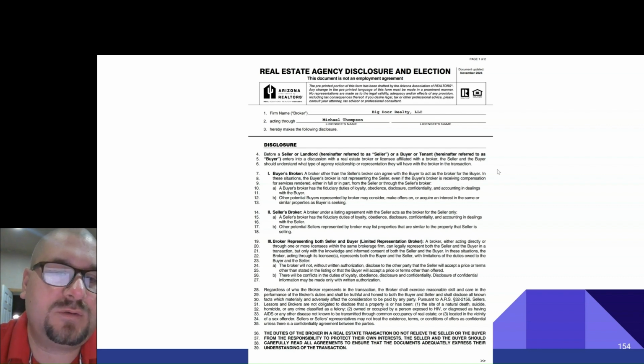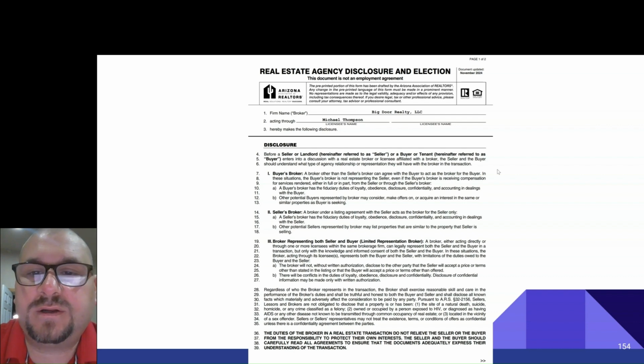Line 1, buyer's broker. A broker other than the seller's broker can agree with the buyer to act as the broker for the buyer. In these situations, the buyer's broker is not representing the seller, even if the buyer's broker is receiving compensation for services rendered, either in full or in part, from the seller or through the seller's broker.